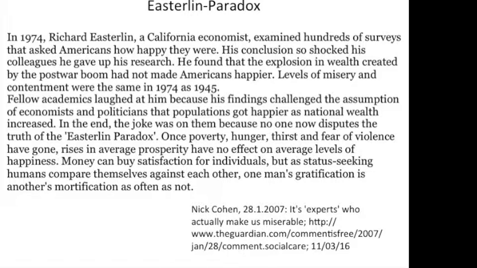His conclusion shocked his colleagues. He gave up his research. He found that the explosion in wealth created by the post-war boom had not made Americans happier. Levels of misery and contentment were the same in 1974 and 1945.